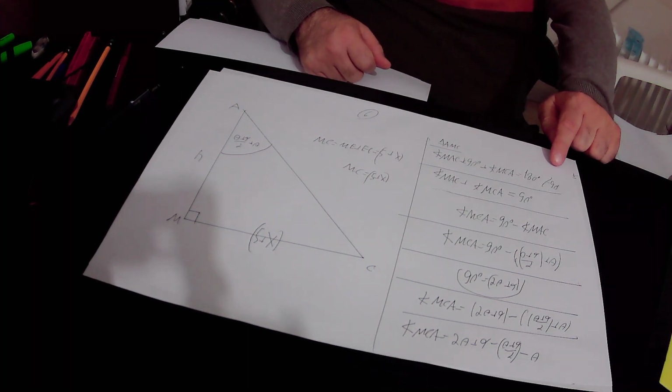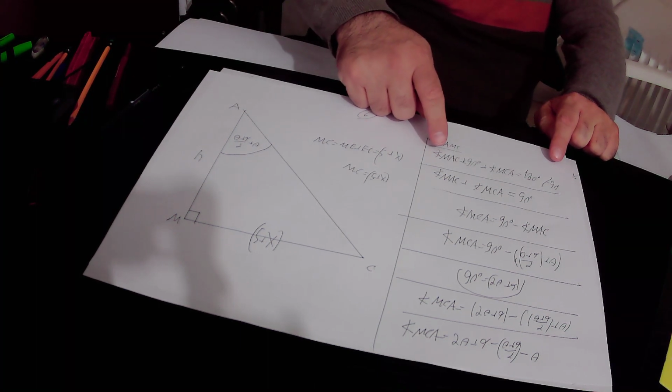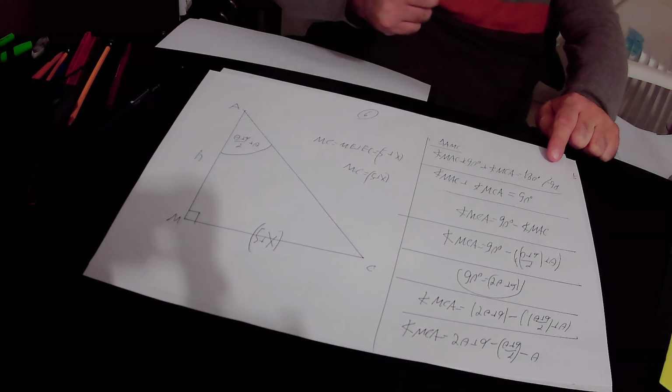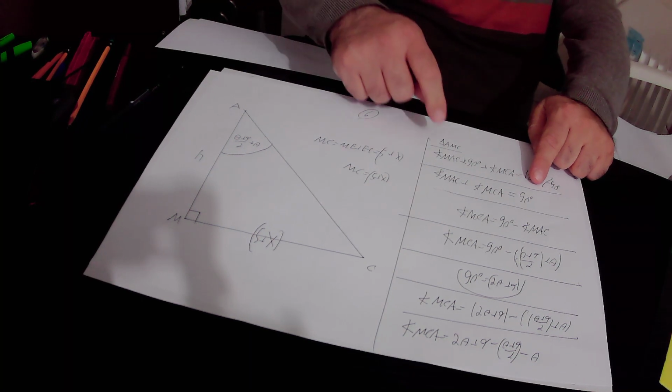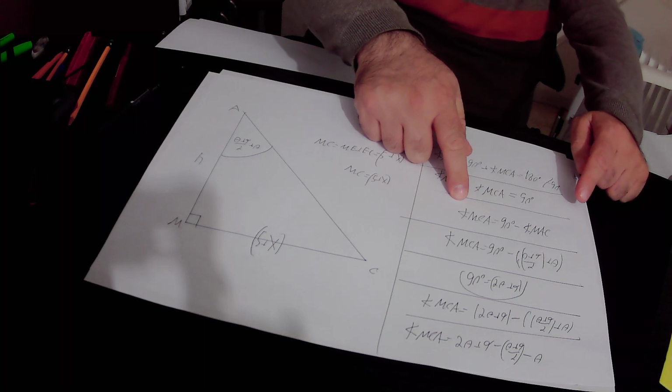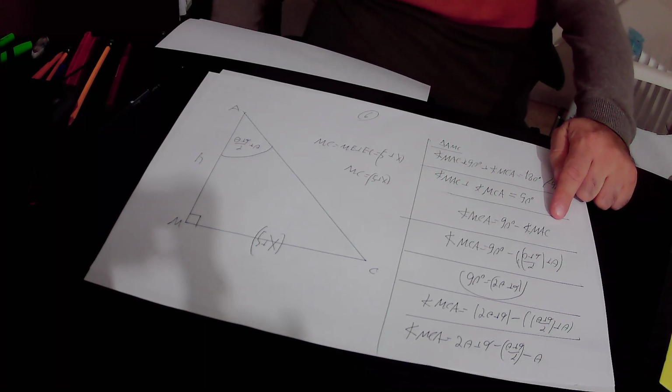We subtracted 90 degrees and found that angle MAC plus angle ACM equals 180 degrees minus 90 degrees, which is 90 degrees. We subtracted angle MAC and found that angle ACM, the angle we are looking for, equals 90 degrees minus angle MAC.